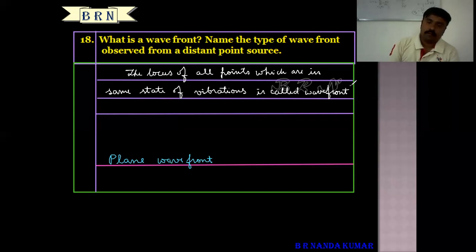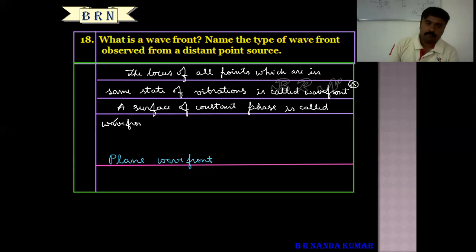Or simply, a surface of constant phase. This is a very simple statement: a surface of constant phase is called a wavefront.